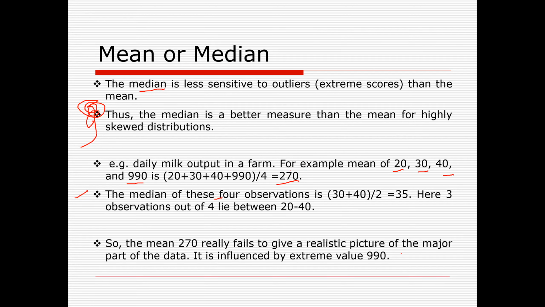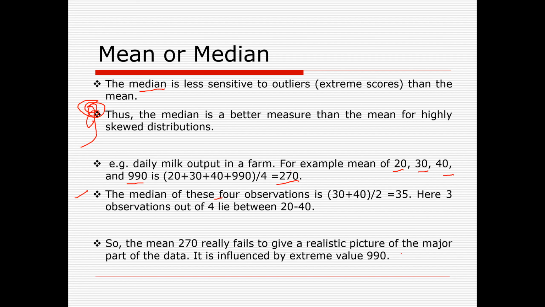Are you with me? It's making sense, sir. A particular farm is making daily milk output. First day, they got 20 kg. Second day, they got 30 kg. There was a day they got 40 kg. All of a sudden, they reported 990 kg.